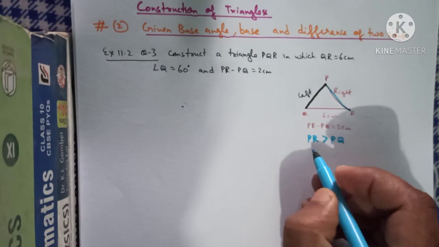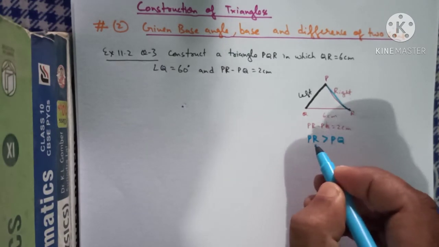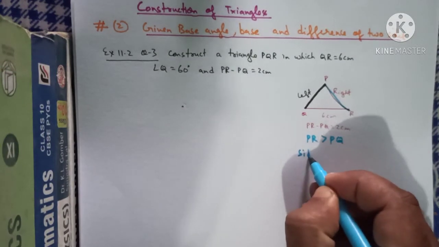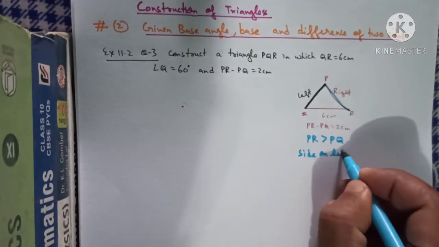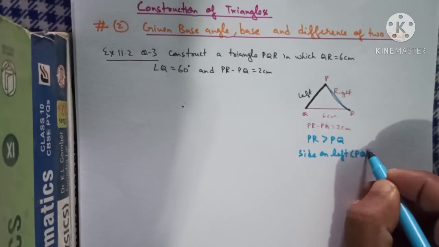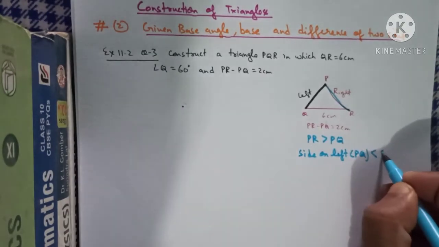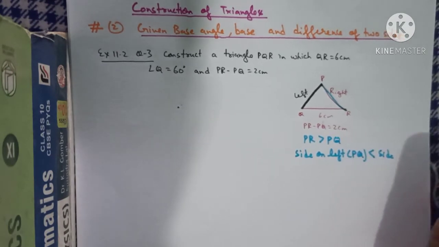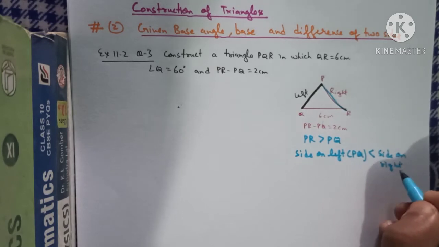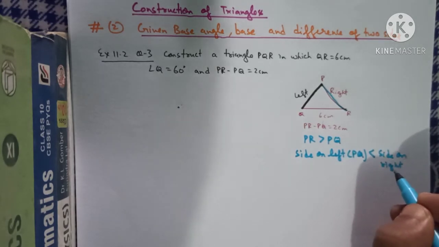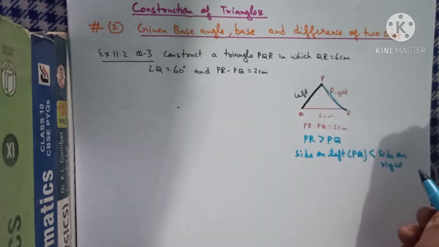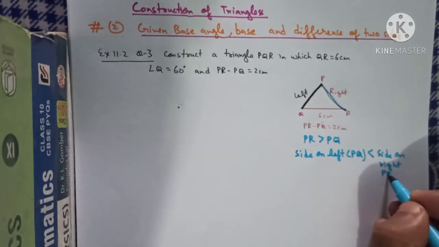That is, the side on the left, that is PQ, is smaller than the side on the right, that is PR.